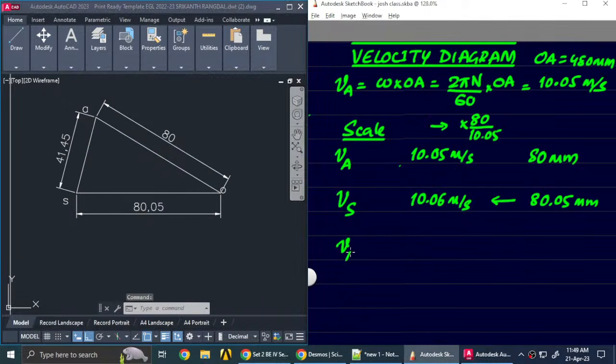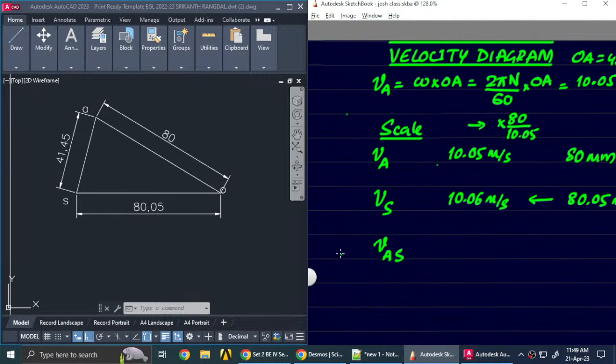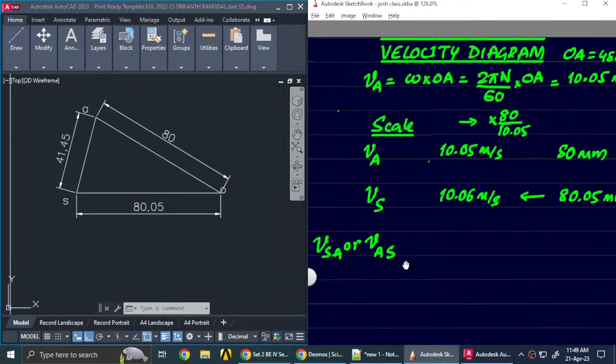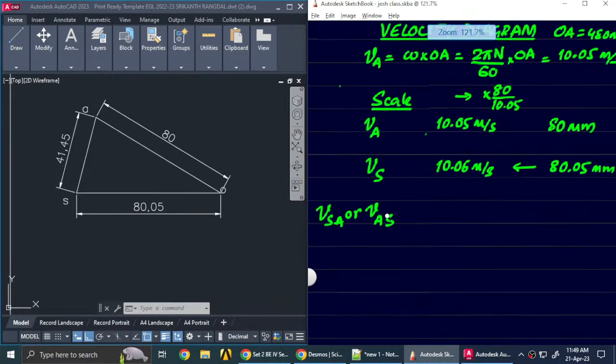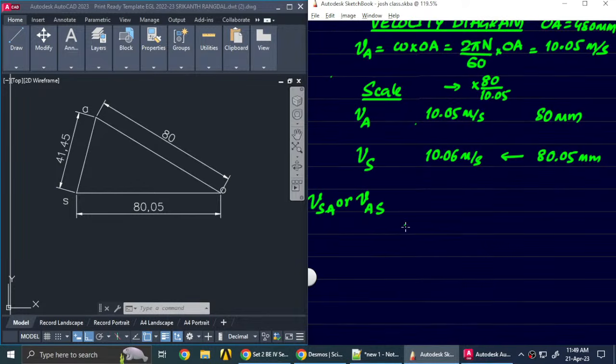And if we want to find the velocity of A with respect to S, or S with respect to A, both these values will have the same magnitude, but the direction will be opposite, so you'll have to take this measurement over here. So 41.45 mm, then convert it back.